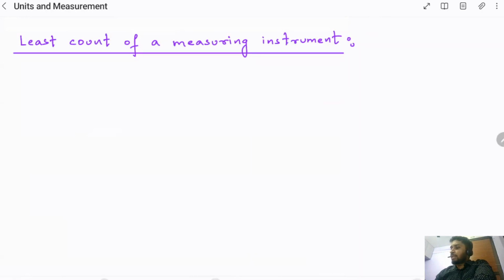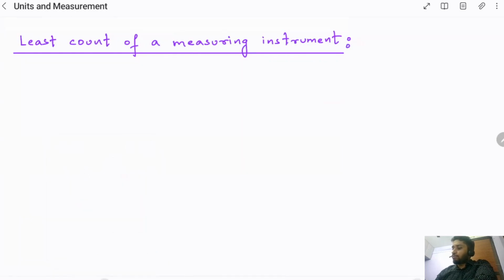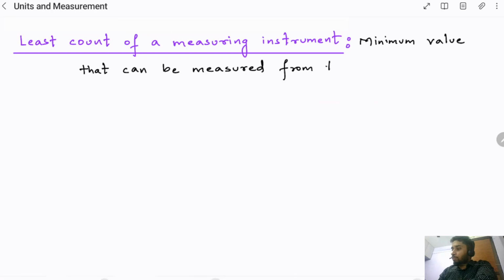So it's a very simple definition. So least count is the minimum value that can be measured from the instrument.